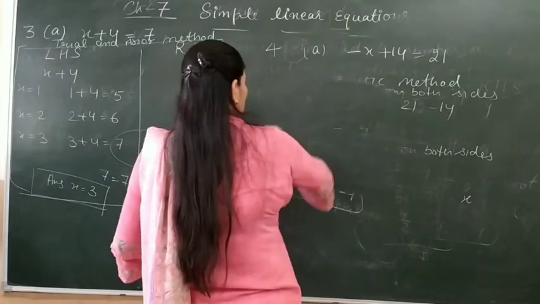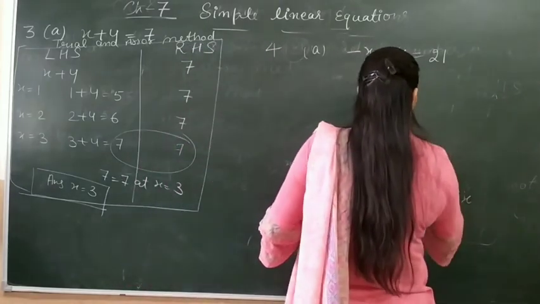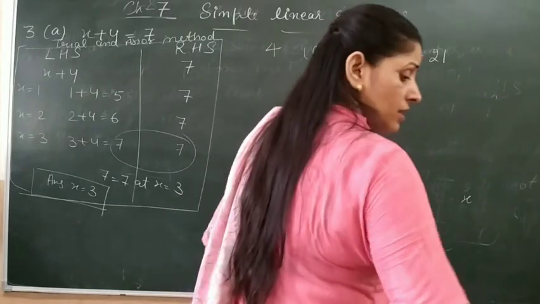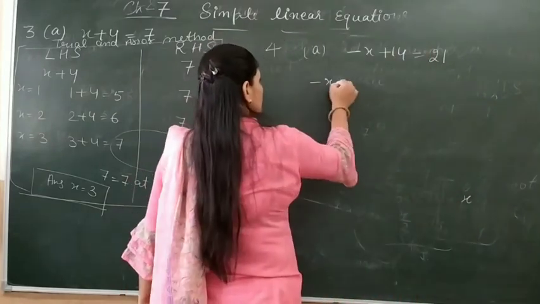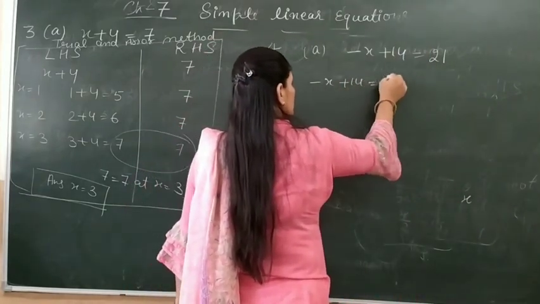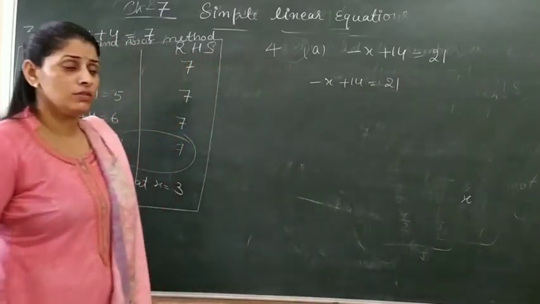for solving the systematic method also, like minus x plus 14 is equal to 21.